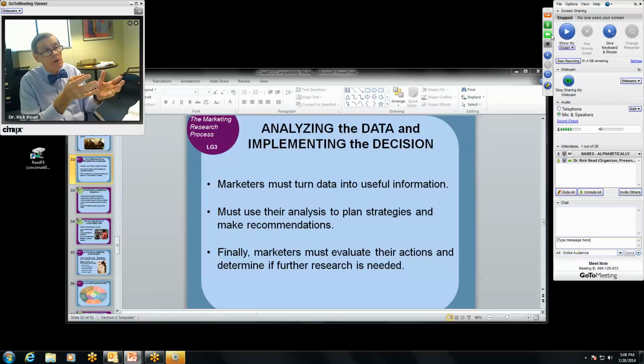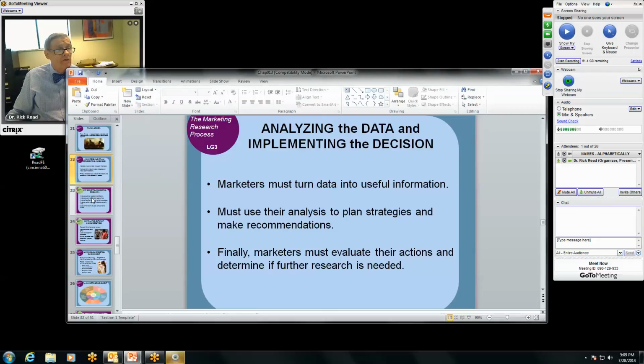Subsets, maybe that's a better way to say it. And then we have to have some alternatives. We have to decide the potential consequences of each of the alternatives, and then decide which alternative is best to implement.